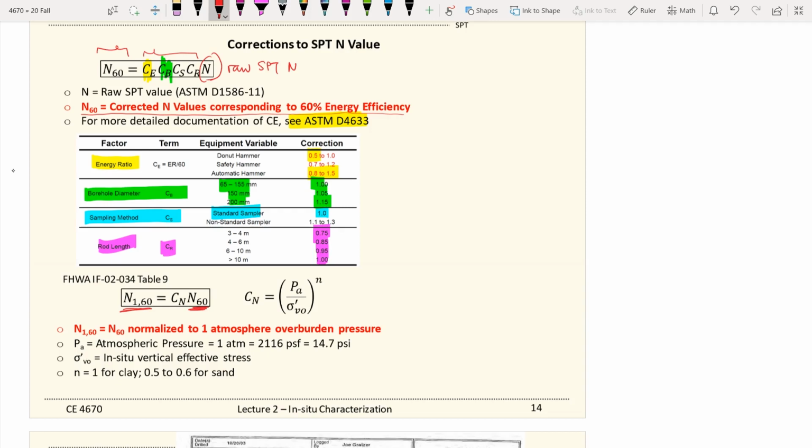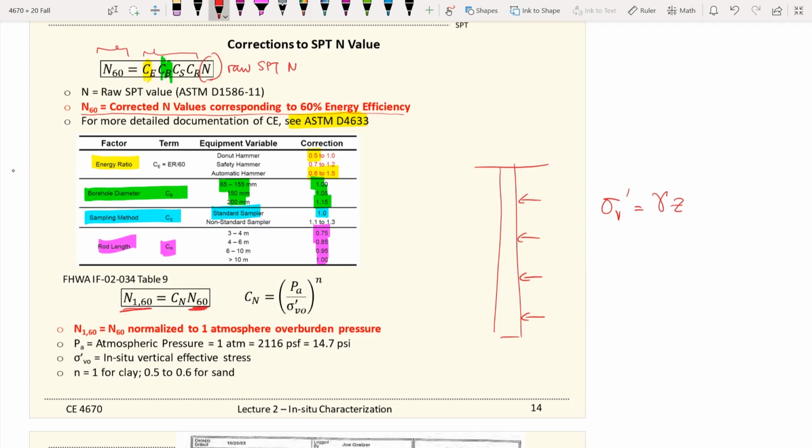We also want to standardize it because through a borehole at different depths, you will have different pressure. Just remember when you calculate vertical effective stress, it depends on the unit weight of soils and also depends on the depth.